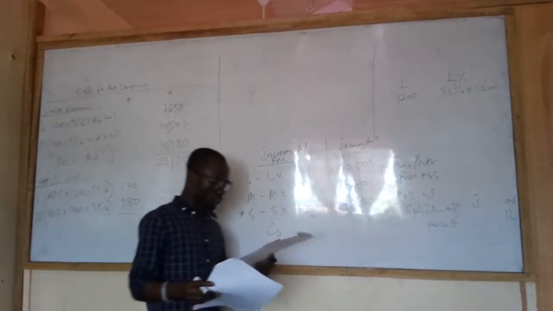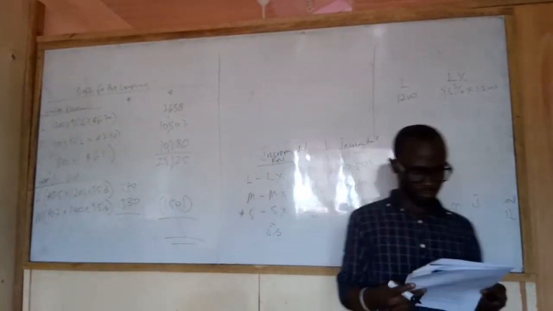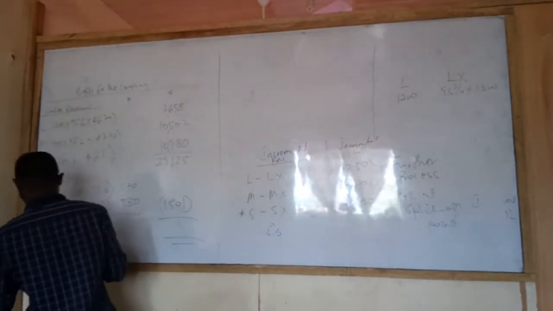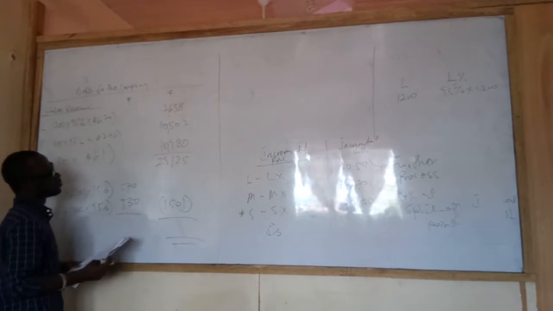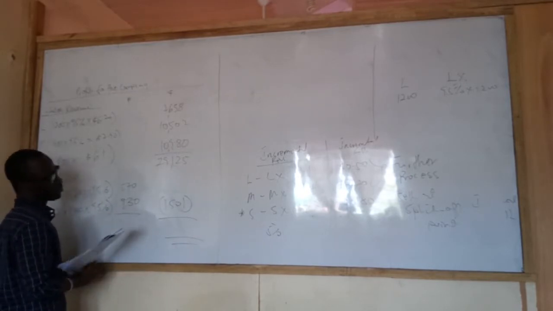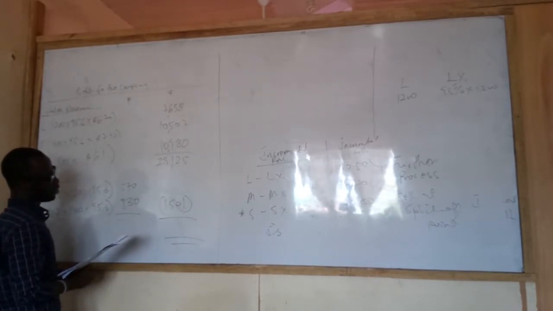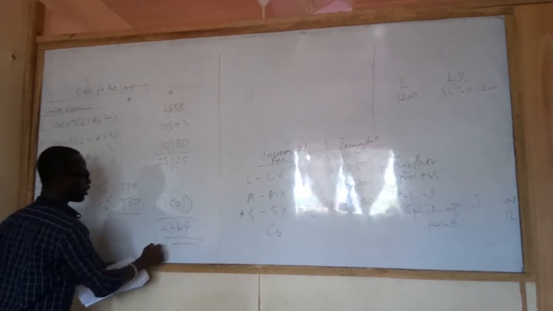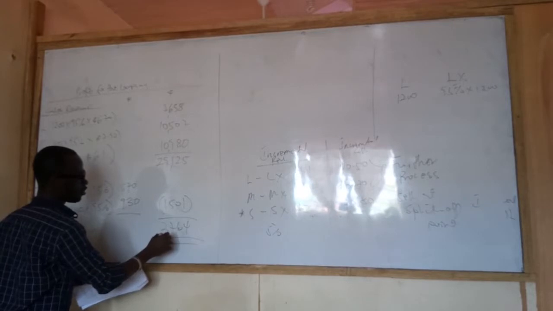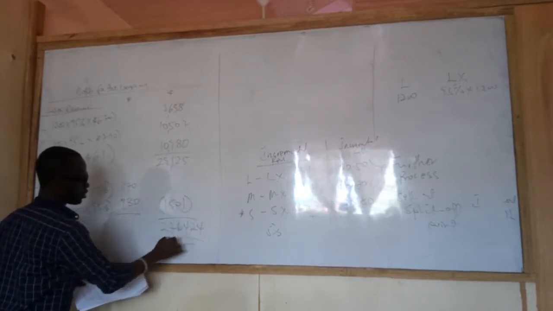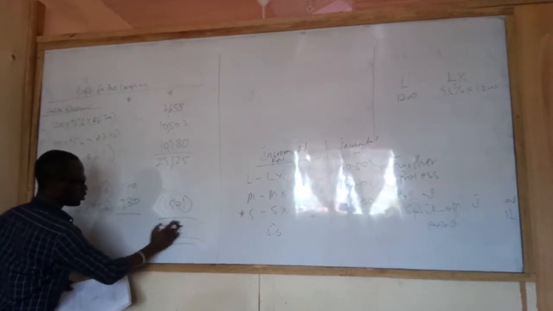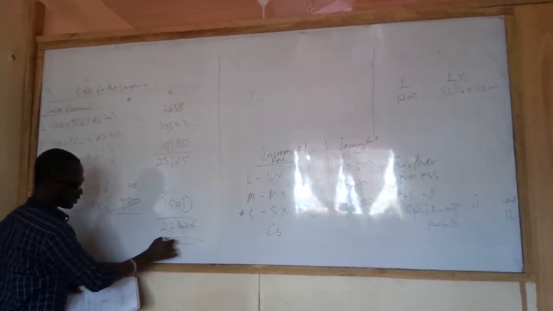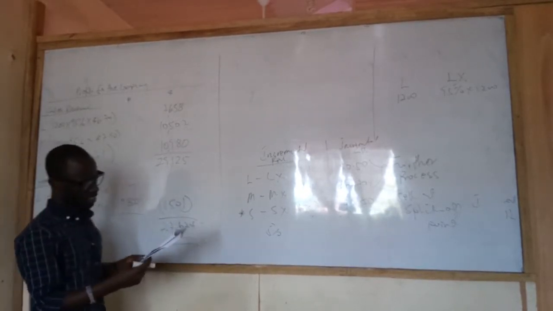So, if we want the total profit, what do we have? 2,764.